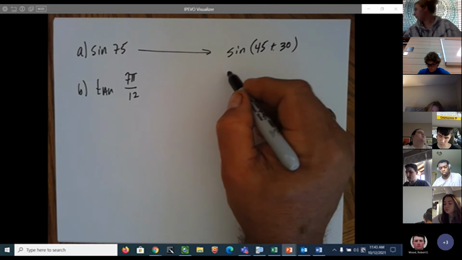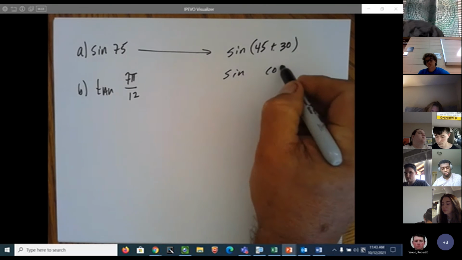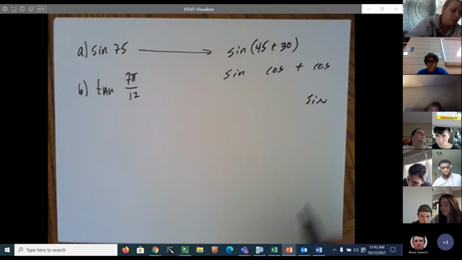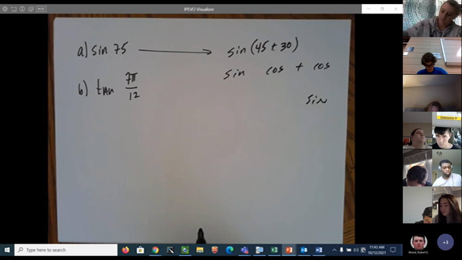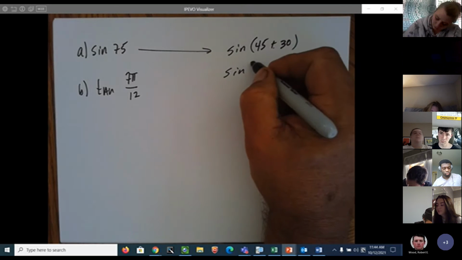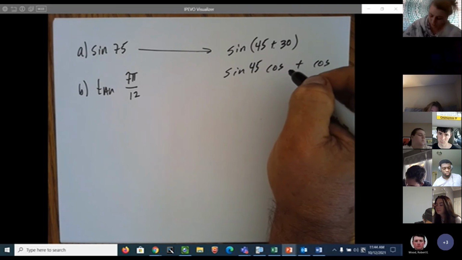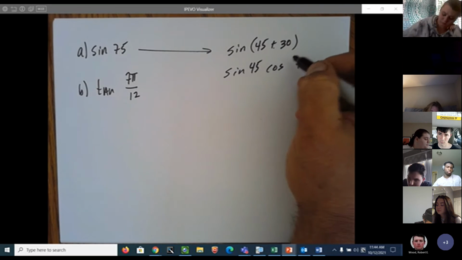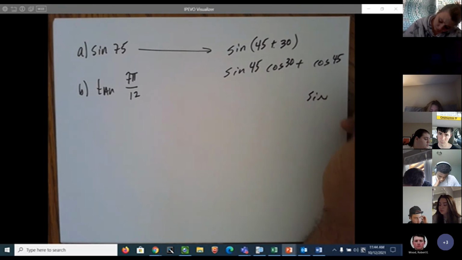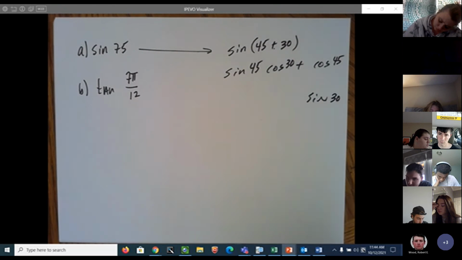So I remember it as sine, cosine, plus cosine, sine. So that's going to be the sine of 45, cosine of 30, cosine of 45, sine of 30.